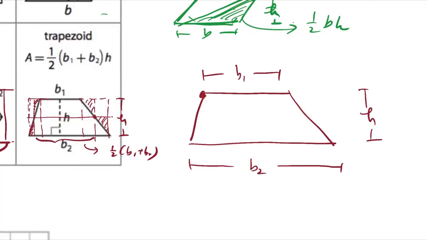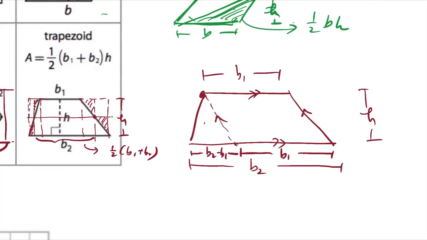So those two are parallel. We already know that these two are parallel, because by definition of a trapezoid. So we're drawing a parallelogram inside the trapezoid. That means that the opposite lengths are the same, that's B1. And this distance right here is B2 minus B1, like that.